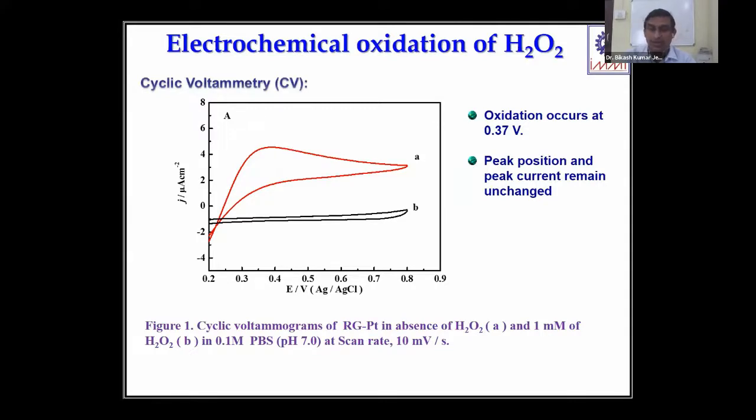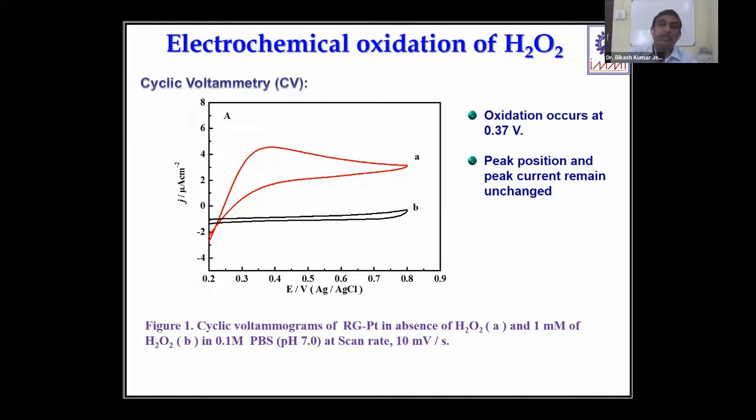We developed a method to synthesize branched nanostructures. I have already given an introduction that when you change the shape of a nanoparticle, its property and its interaction with the molecule is different. Its property is enhanced. So when you use tiny branched nanoparticles rather than spherical, the interaction with hydrogen peroxide is really good.